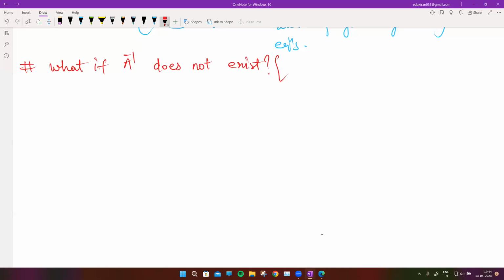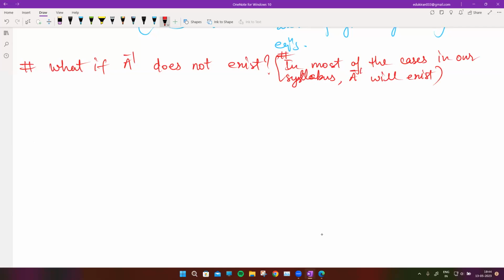First of all, in most of the cases in our syllabus, we will not face this problem. In most of the cases in our syllabus, A inverse will definitely exist, right?